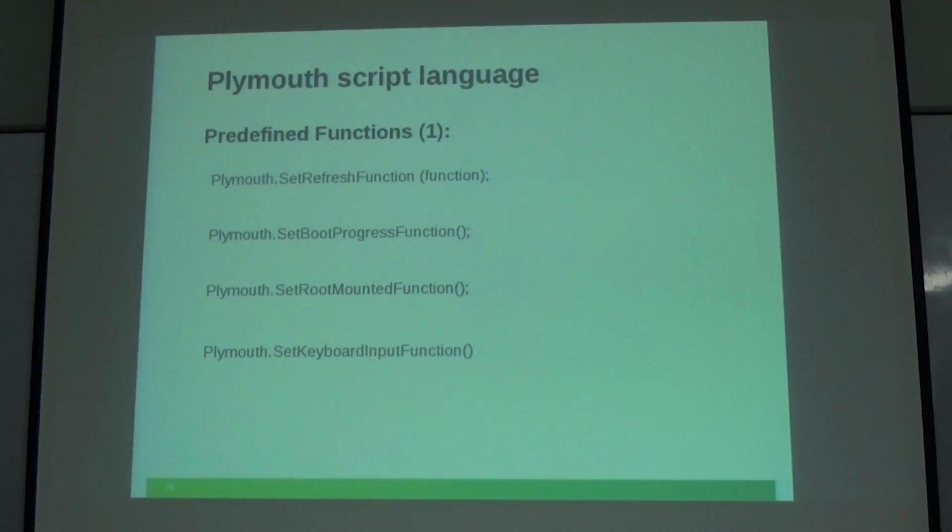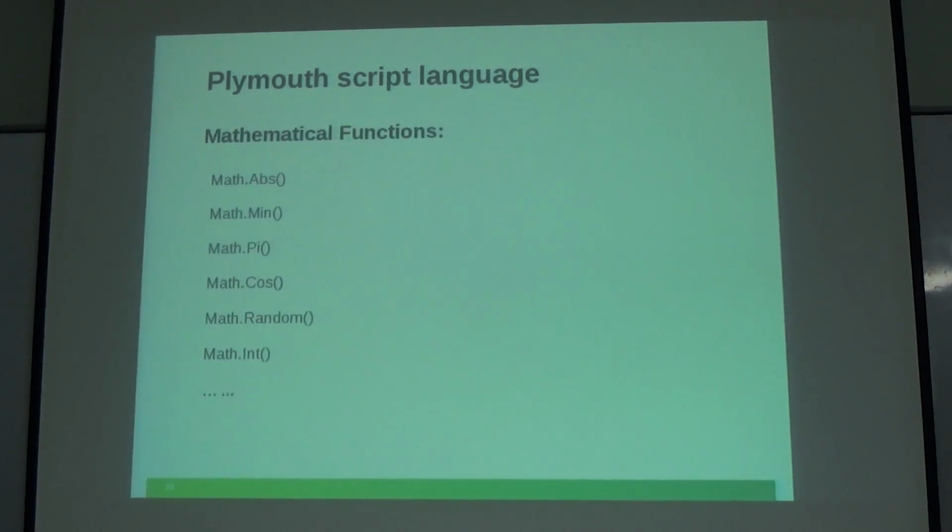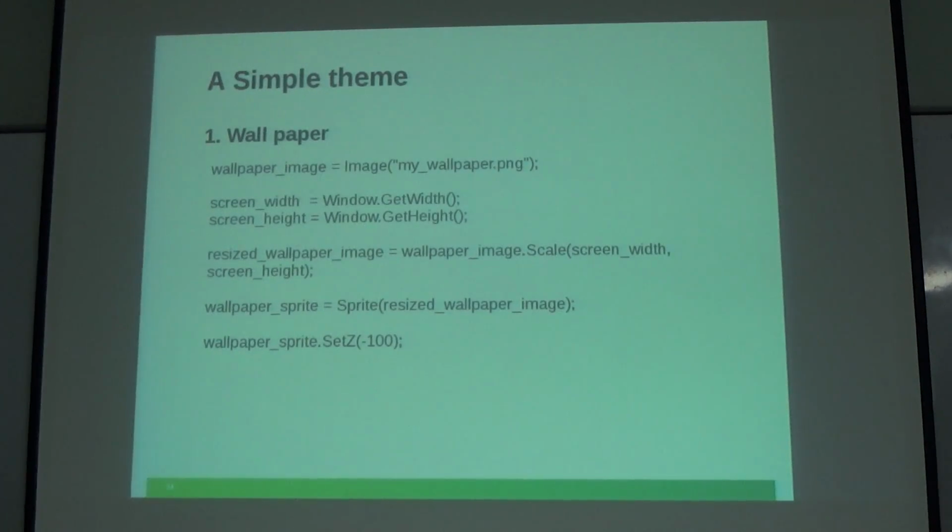When these events happen, they will call our script's functions which achieve the animation. And there are also math functions which help us make a random or beautiful animation. This is a simple thing.